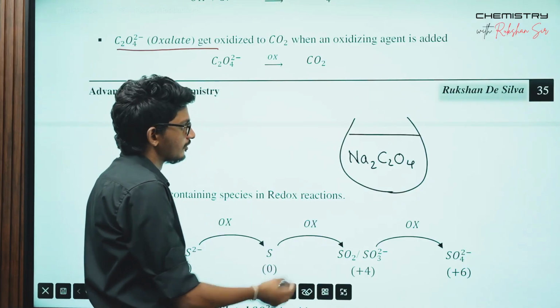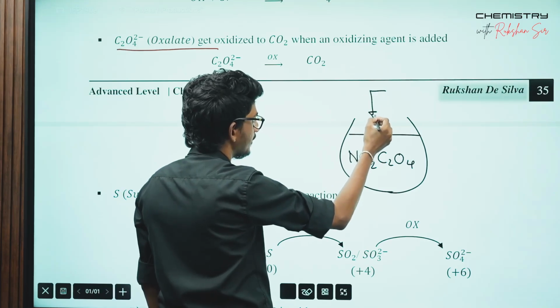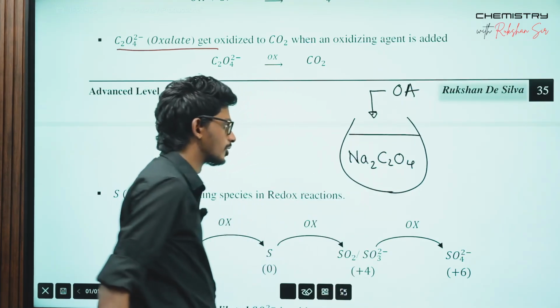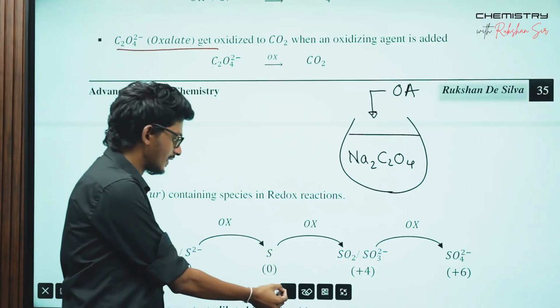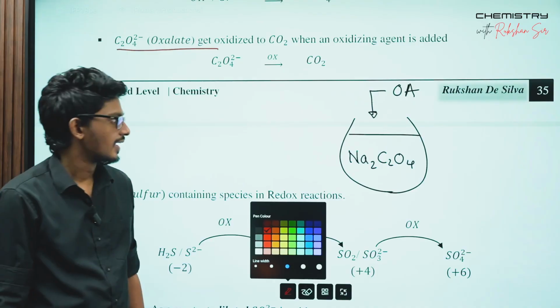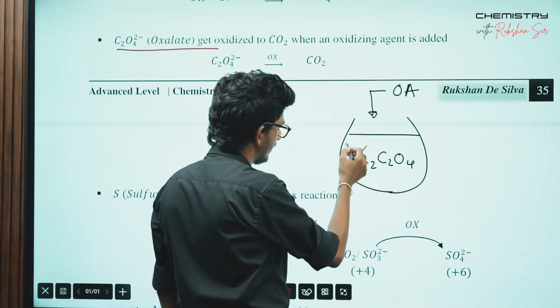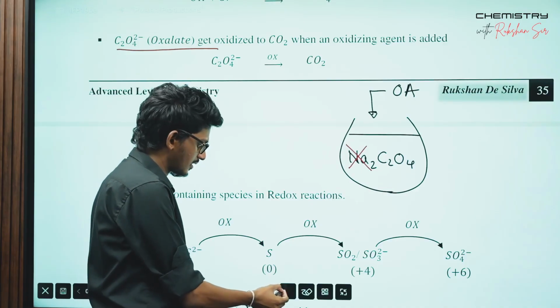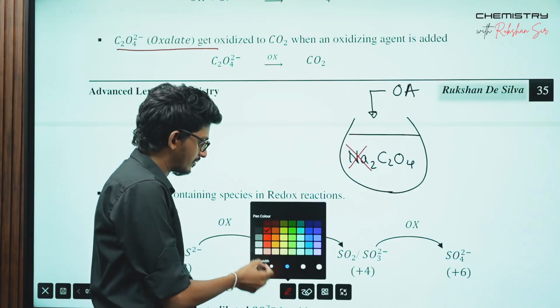From the top, you are adding some oxidizing agent. We'll discuss what kind of reaction could occur here, as the s-block ions are not involved in these reactions. So what could happen with the oxalate?